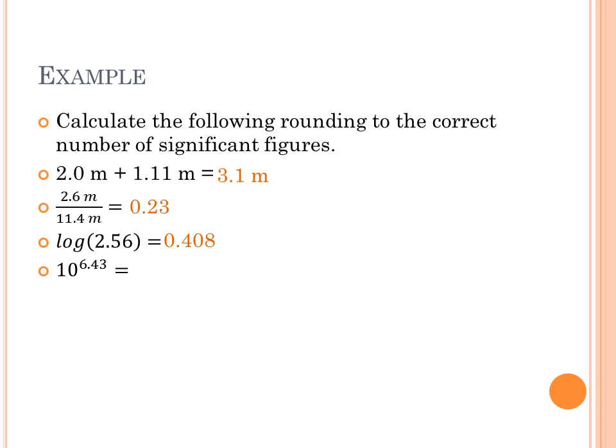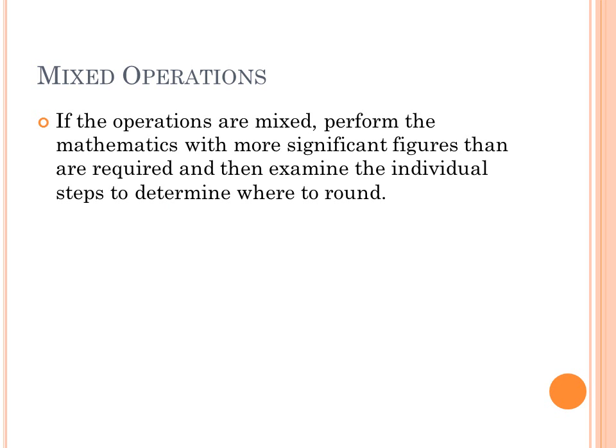Last one, 10 to the 6.43, we get 2.7 times 10 to the 6th, where the number of significant figures in the answer is equal to the number of decimal places in the exponent. If the operations are mixed, we want to perform the mathematics with more significant figures than are required and then examine the individual steps to determine where to round.